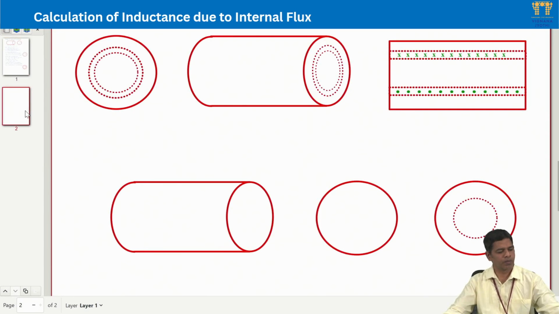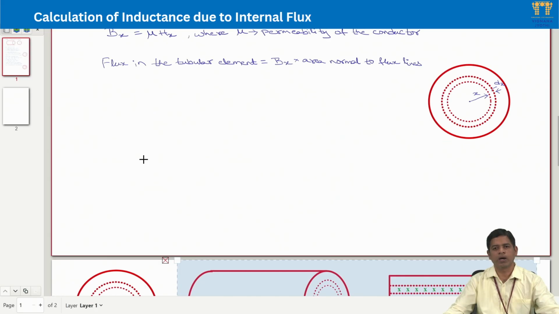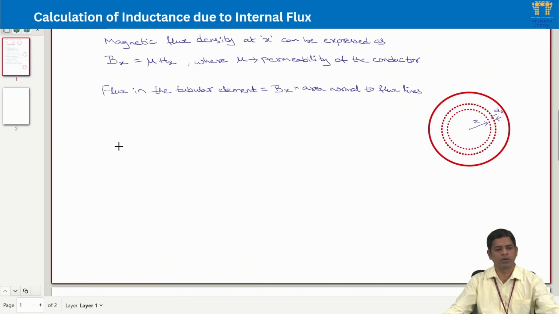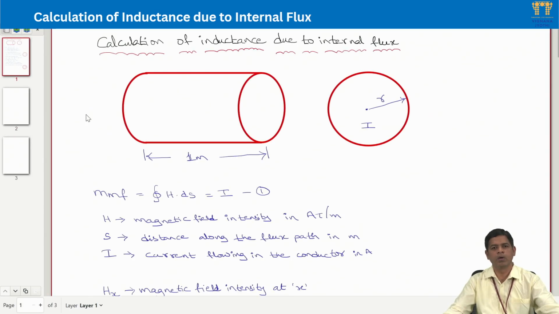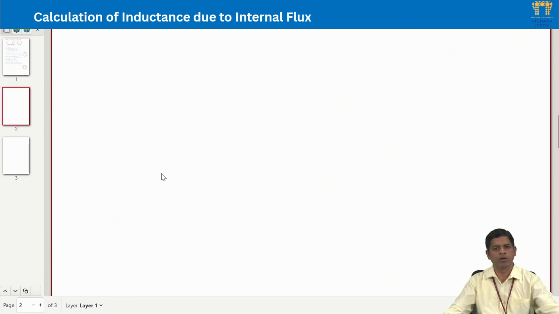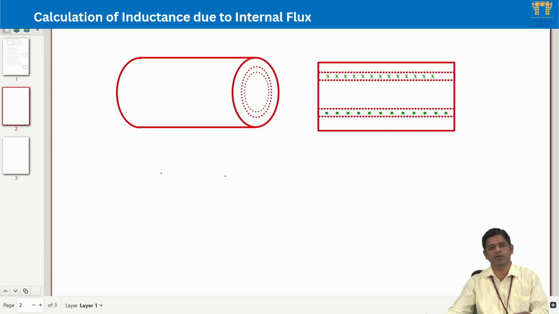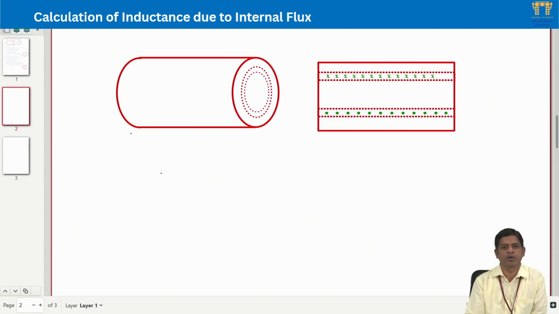So here I have basically taken a cylindrical shape of this conductor. As I said, the length of this conductor, what we are taking is 1 meter.